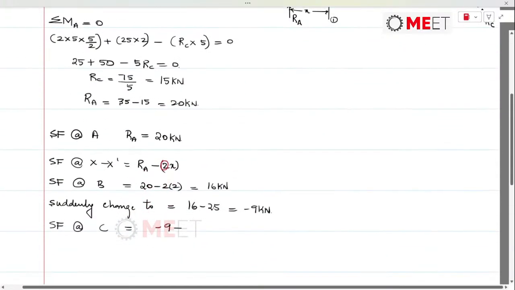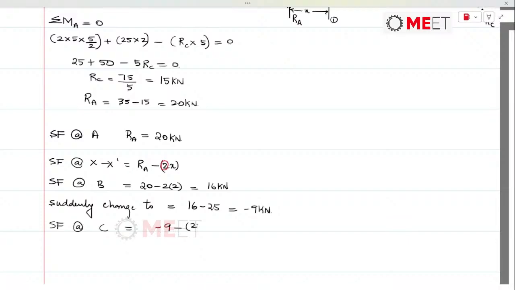As it is downward, we take it as negative, so minus 9 minus 2 into 3, so this is minus 15 kilonewtons.